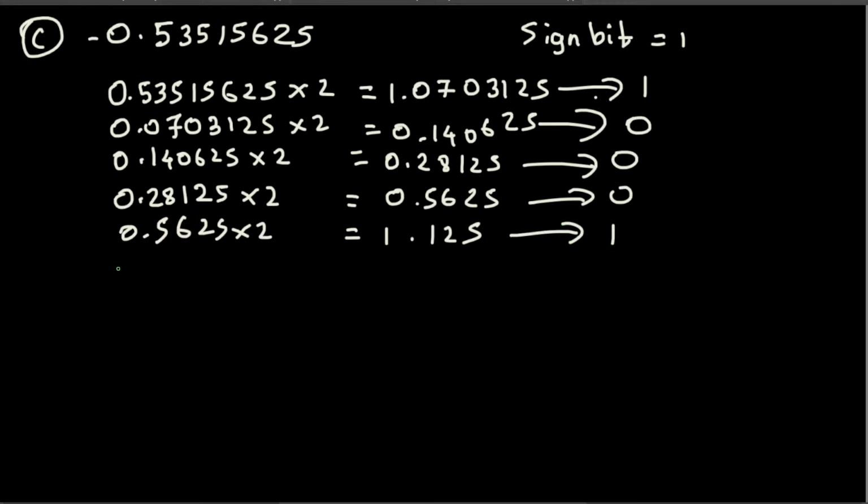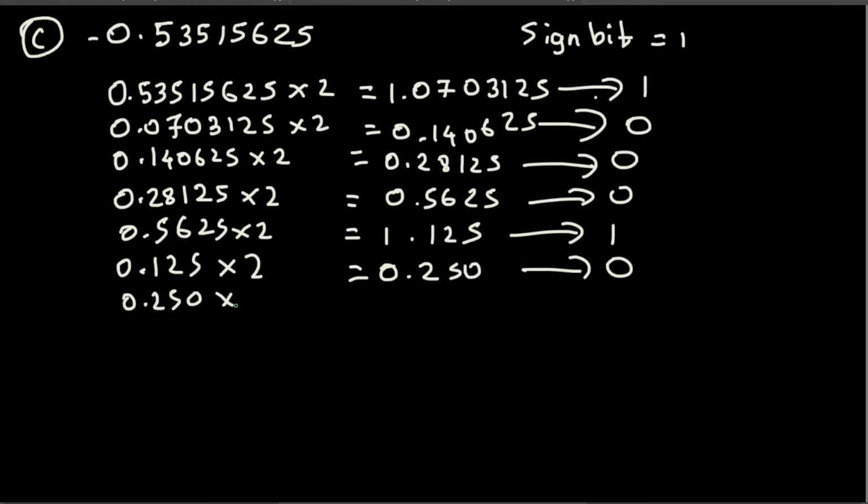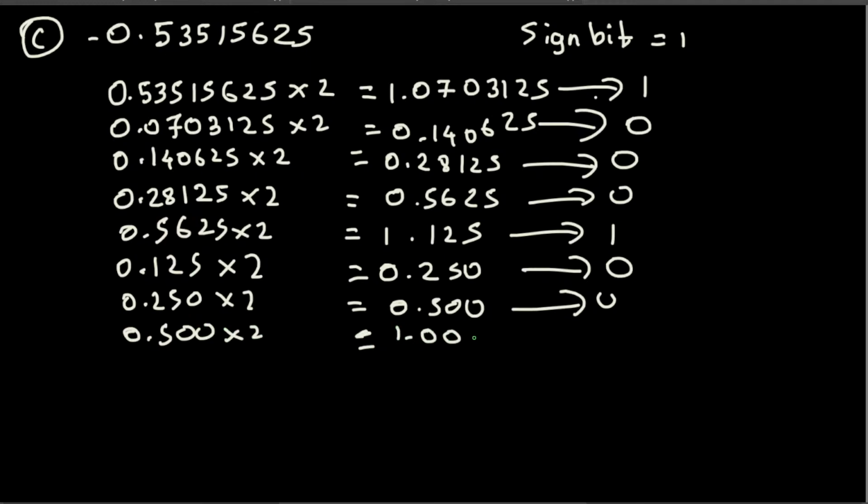Then 0.125 multiplied by 2 gives us 0.250. Here we have 0 in front, and then 0.250 multiplied by 2 gives us 0.500. Here we have 0 in front, and then 0.500 multiplied by 2 gives us 1.00. Once we get the 1.00 situation, we stop right there.